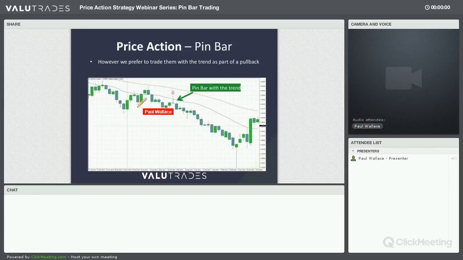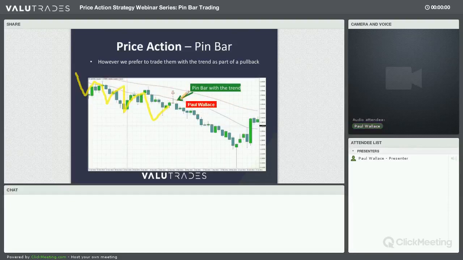This is the same pound against Swissy chart. You saw from the previous chart, price was just moving its way down. And actually what happened is price pulled up to a level of resistance. We always like to have a confluence of events.